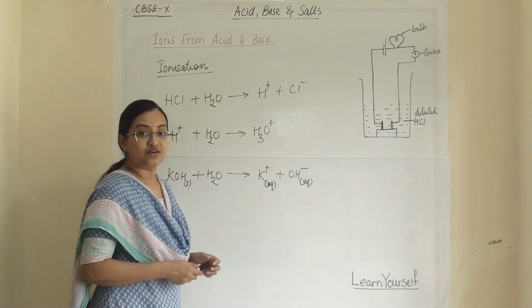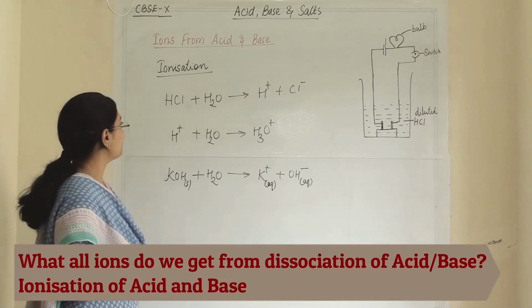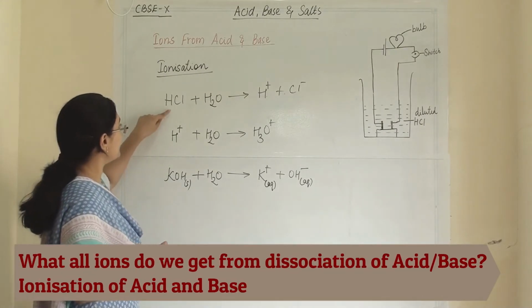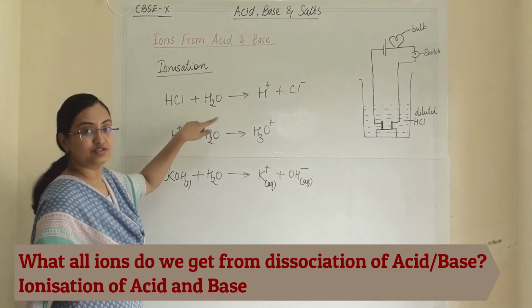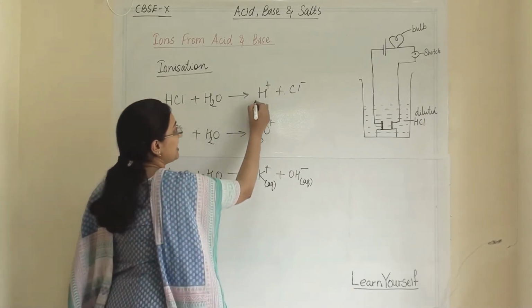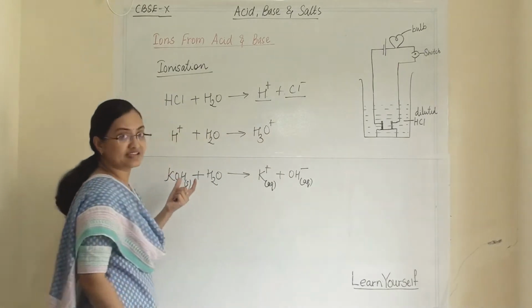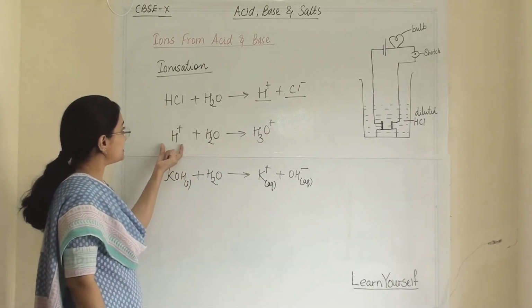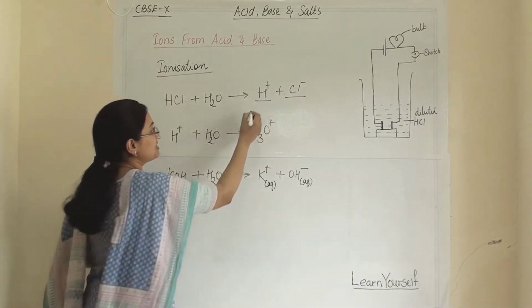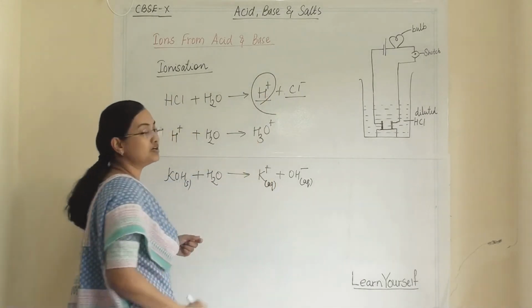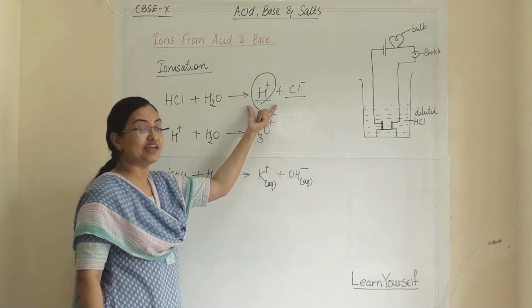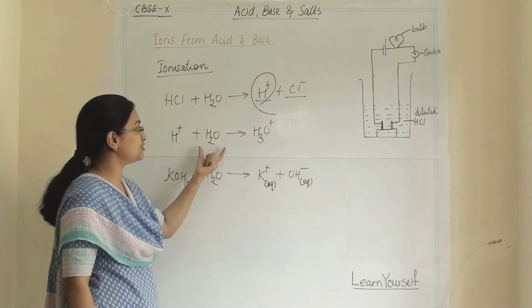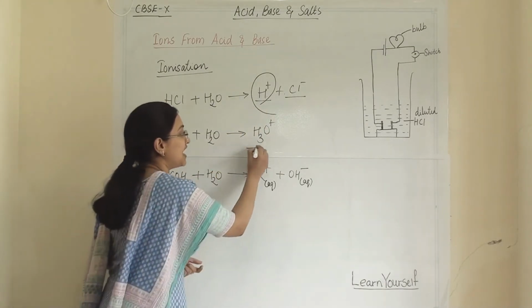So how the ionization will happen in case of acid and base is, when we are mixing acid with water, we will get H plus and Cl minus as a product. Because H plus ion is not stable alone, it will not stay alone. So again this H plus will react with water and we will get hydronium ion.